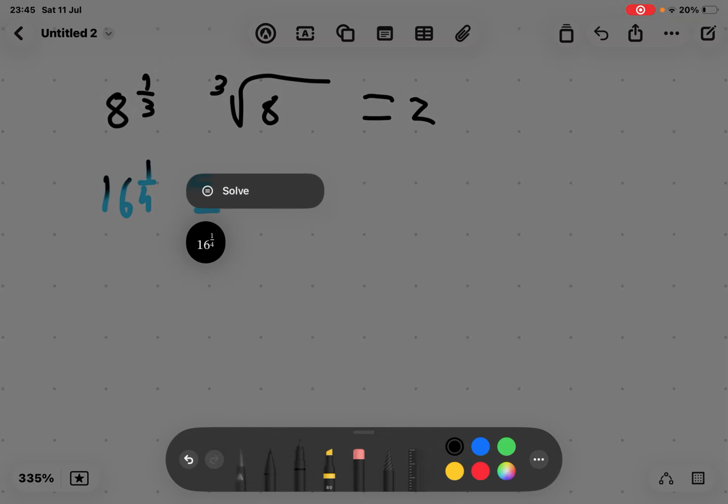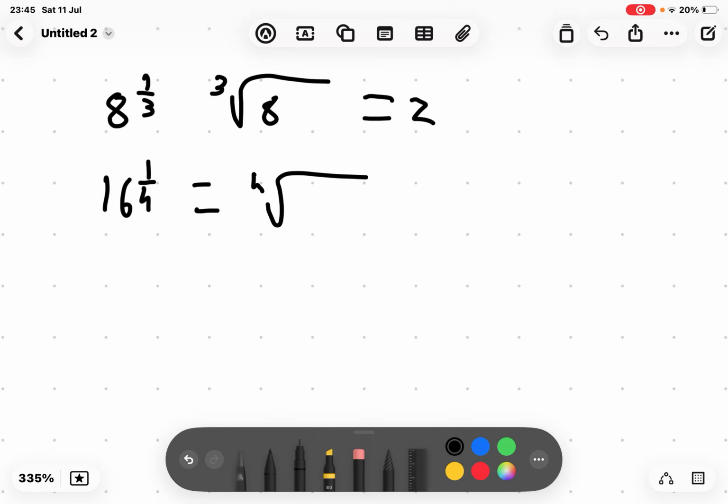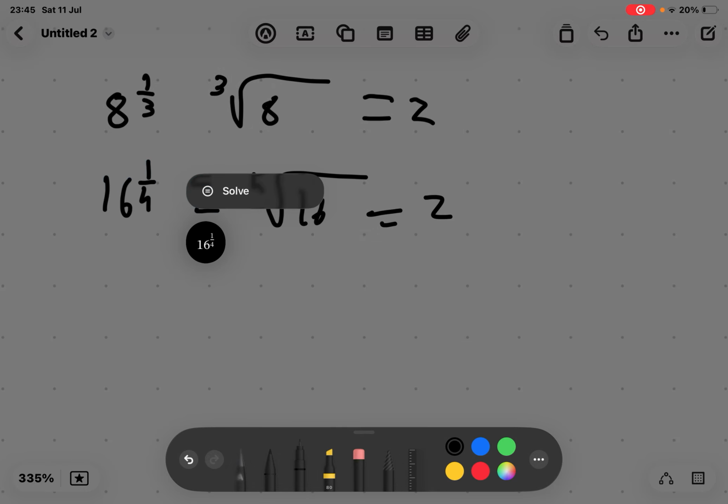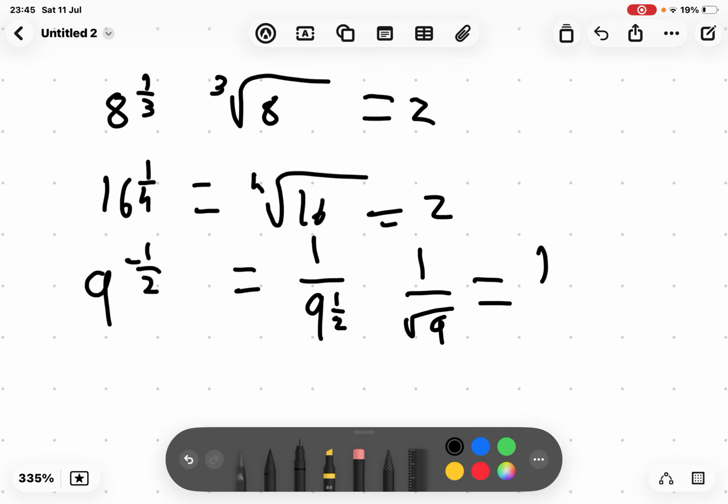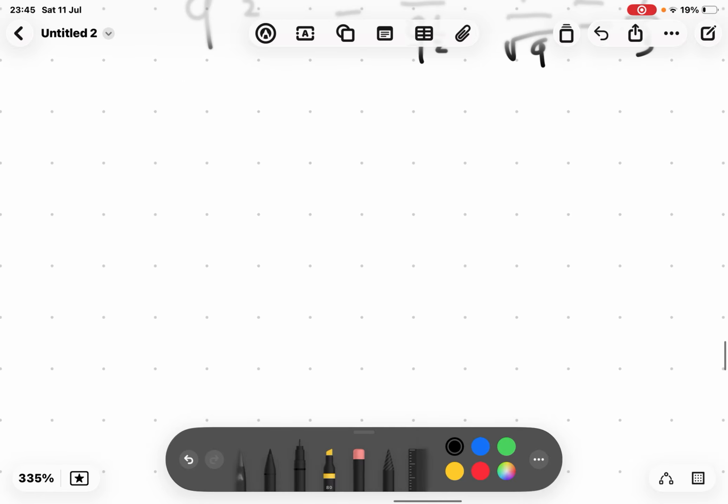That is 16 fold, or I don't know basically what it's called. And that's also 2. 9 minus 1 squared is 1 over 9, and then 9 squared, which is 1 over 3.